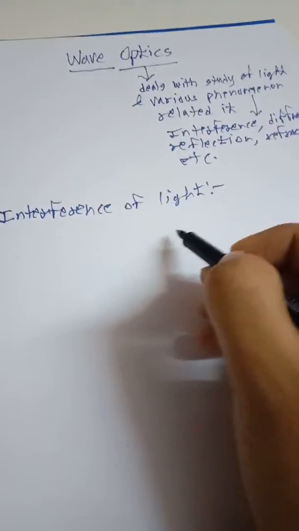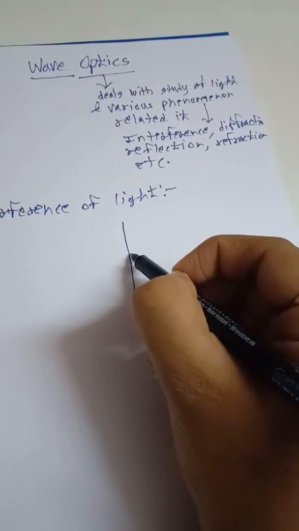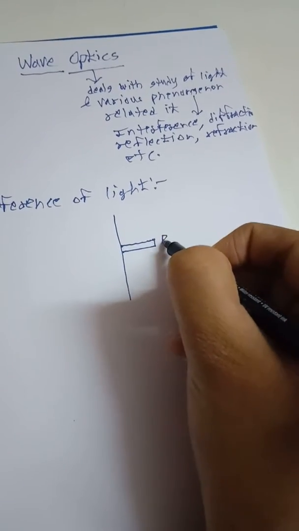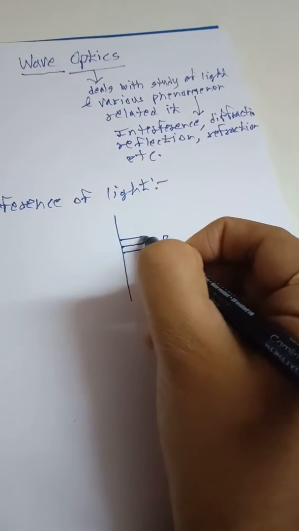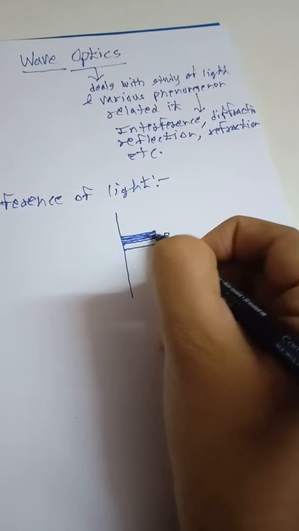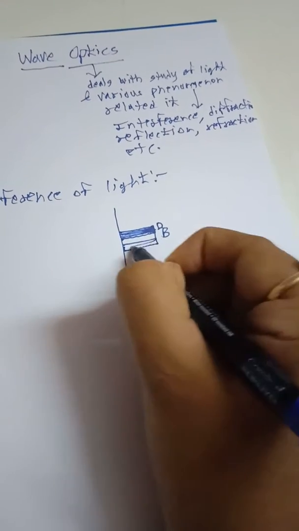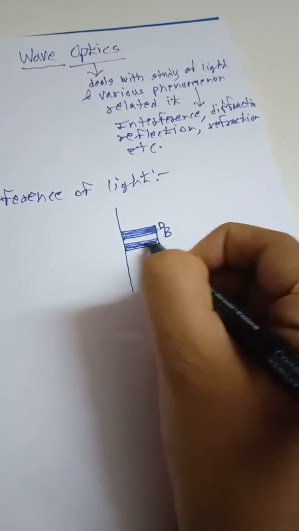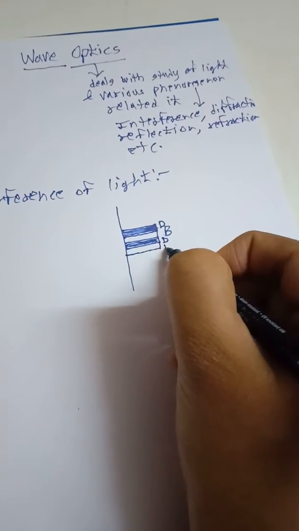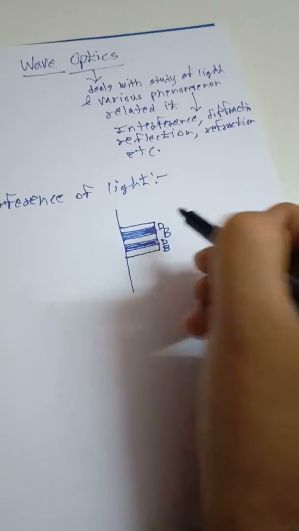Let us say this is the screen, and on the screen this is a bright point, and this one is a dark point. Further, this side also a dark point. And further there is a bright point, this side as well as this side also.